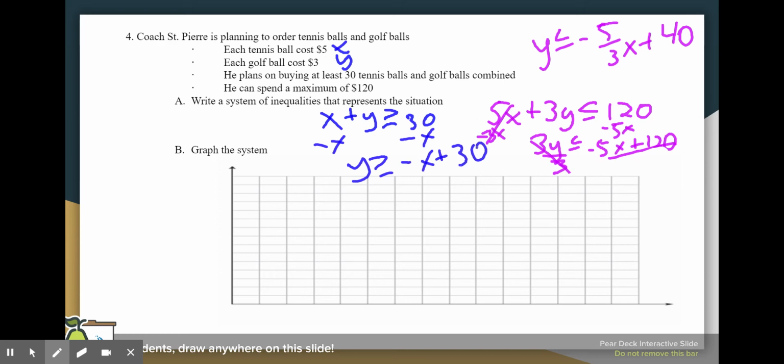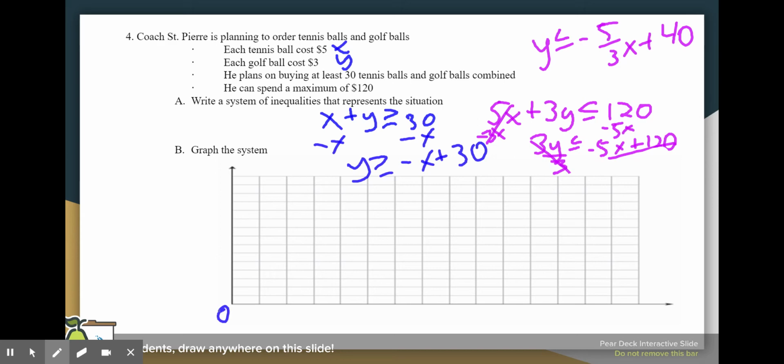All right, so I have my two equations. They want us to graph these. So the first thing we have to do is set up our parameters. The bottom is the x, the top is the y. But our y's, we have to get to at least 120. Okay, so we can count by 10 on the y: 0, 10, 20, 30.